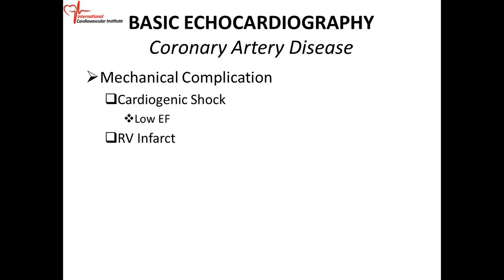The patient presents with cardiogenic shock. If the muscle ruptures, you can have a ventricular septal defect, or you can have rupture of the free wall of the LV. If the patient presents with a right ventricular infarct, they can also present with cardiogenic shock because blood is now not getting to the left side of the heart.